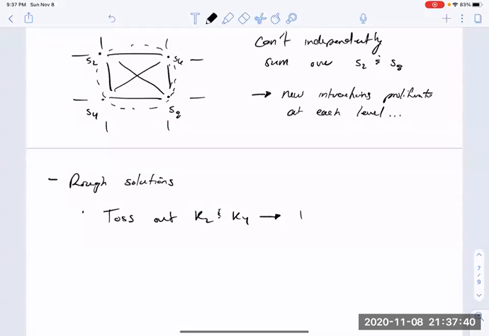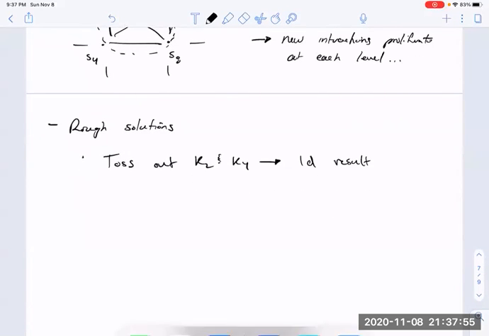If we did that, however, we would get the 1D result. We would find that lacking those extra interactions, there is no non-trivial fixed point. So indeed, the generation of these additional interactions is fundamentally related to the critical point.